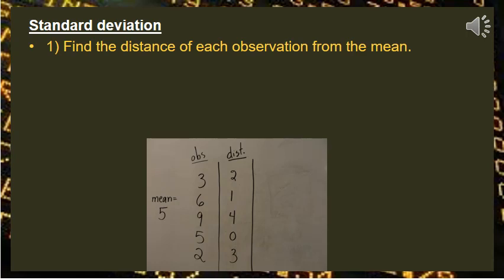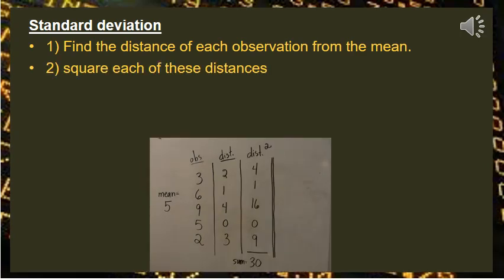I don't care if it's above or below, because anyways, we're going to square these numbers. My second observation is 6, so it's 1 above the mean. Distance is 1. Third observation is 9. This is 4 above the mean. The next observation is 5. It's right at the mean. There's 0 distance. And the last observation is 2. It's 3 below the mean. Distance is 3.